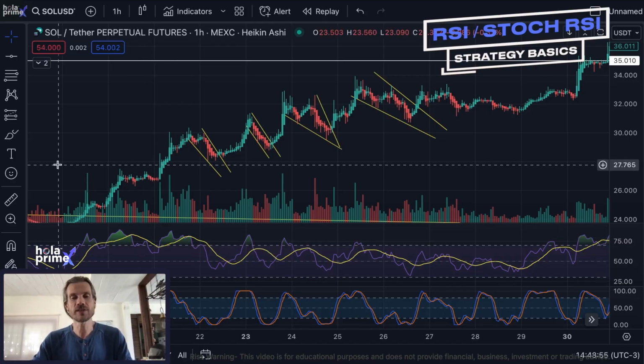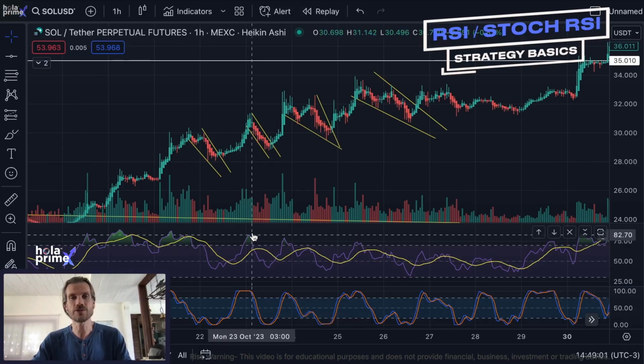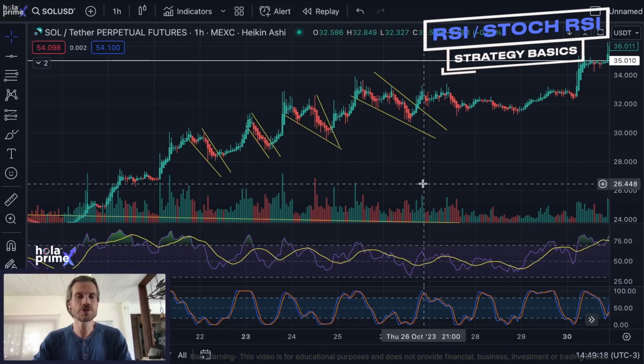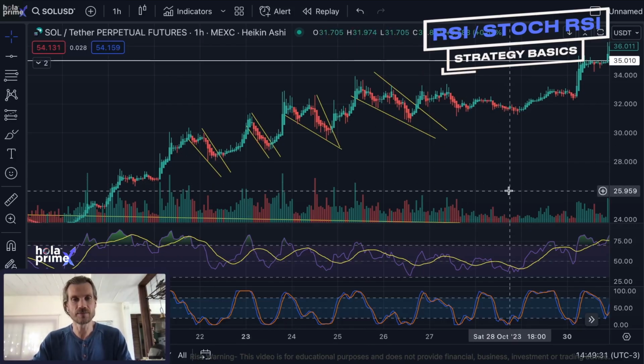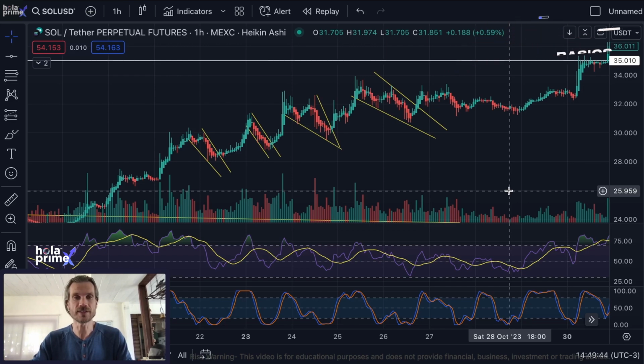There's many more things to cover about these oscillators, these indicators, but right now I just wanted to highlight the basics of how you can use them. Typically, you should not be using these indicators as the only means of assessing when to enter or exit a trade, but instead using them in combination with continuation patterns, trend lines, etc. But there will be more to come on these indicators.